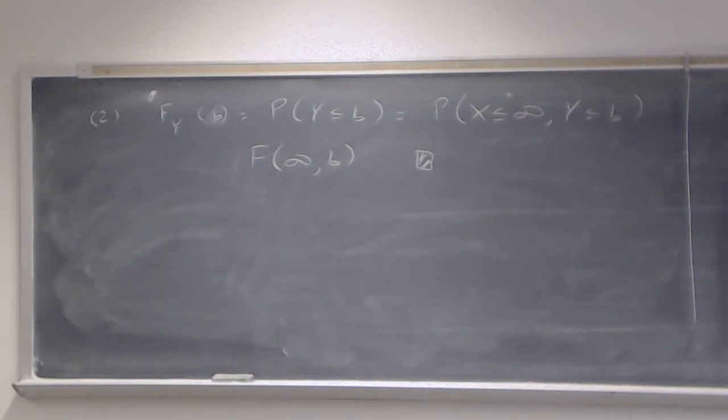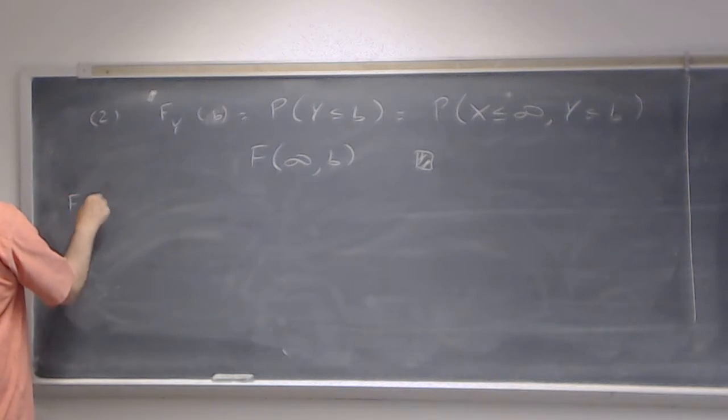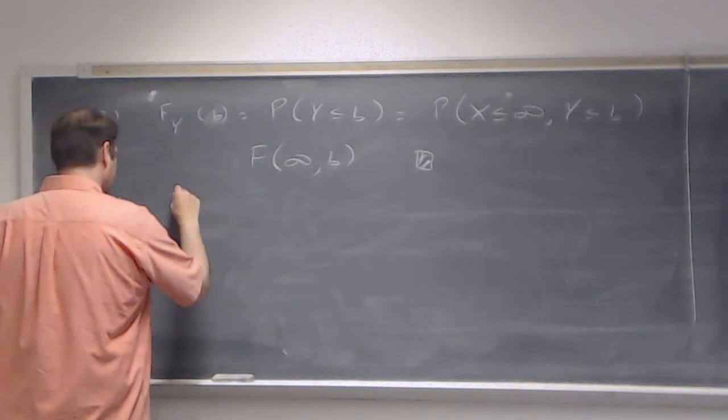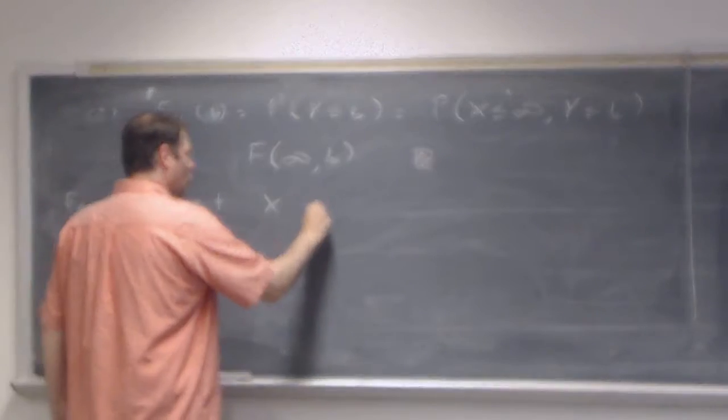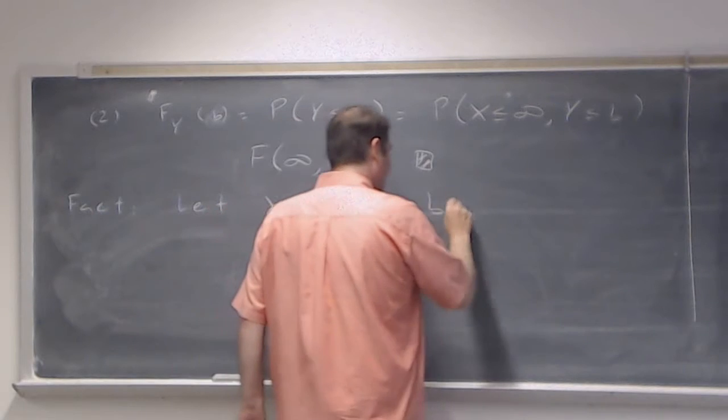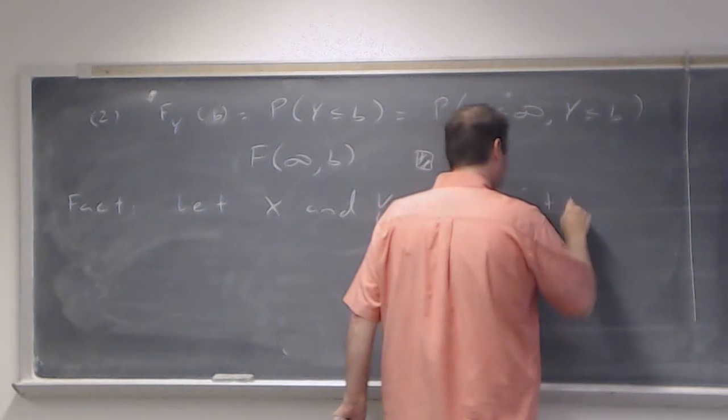Okay, the next thing I'm going to show has to do with the CDF where X and Y are jointly continuous. So it's a fact. I'm going to let X and Y be jointly continuous.